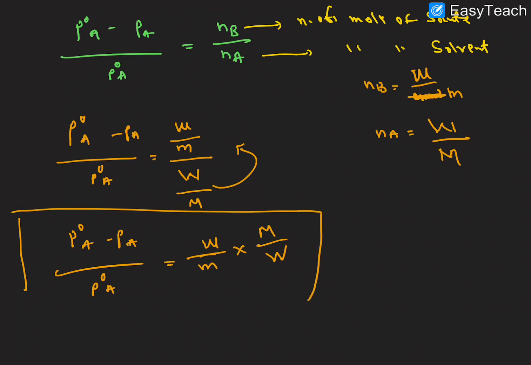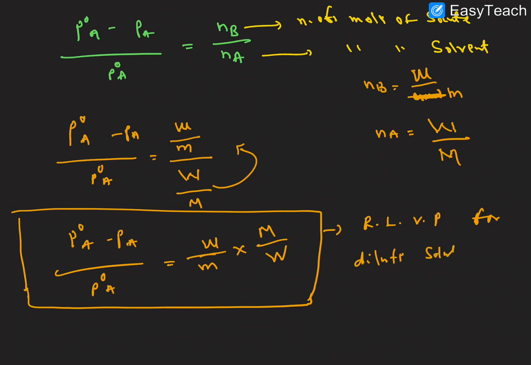This is called relative lowering of vapor pressure, final formula. So this is called RLVP for dilute solution. I hope it is clear. This is regarding information about RLVP, relative lowering of vapor pressure.